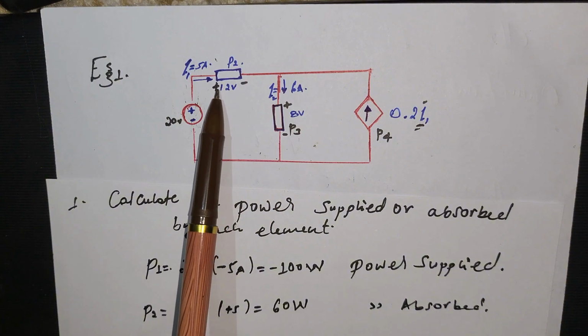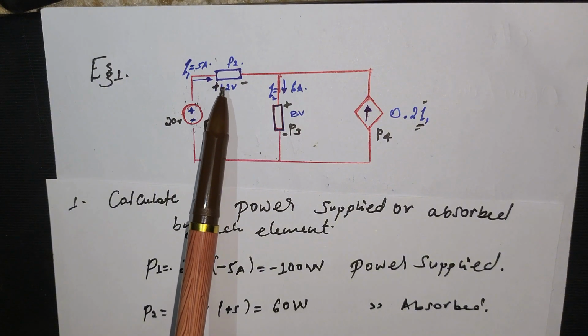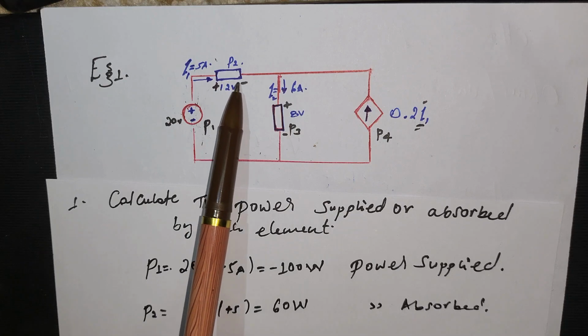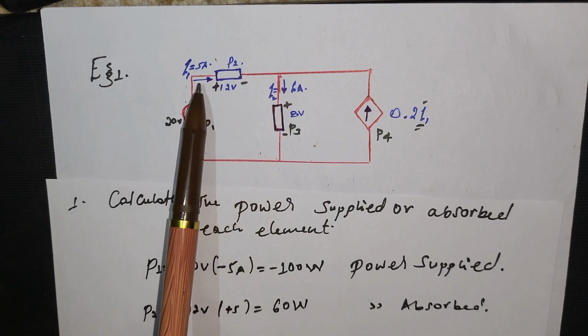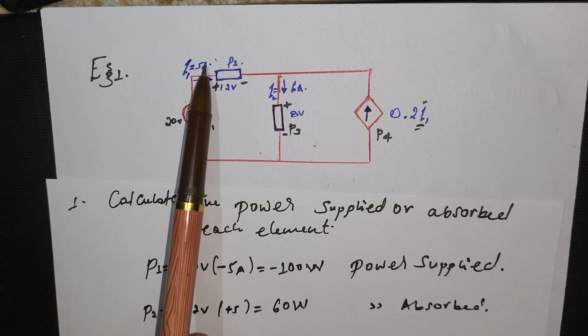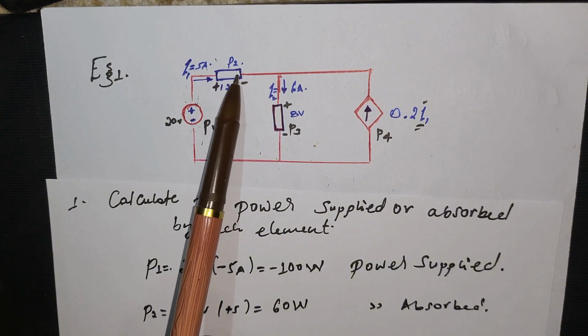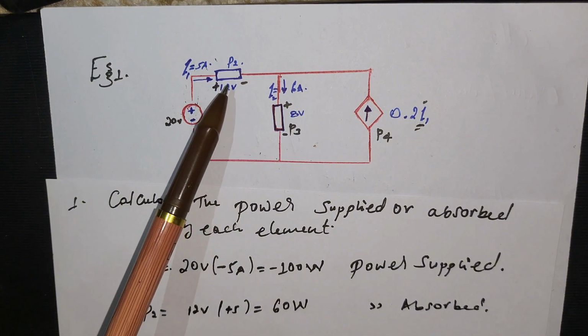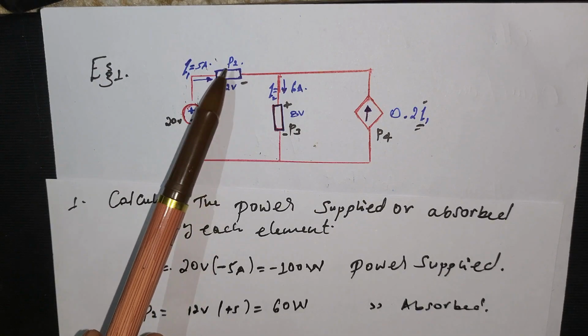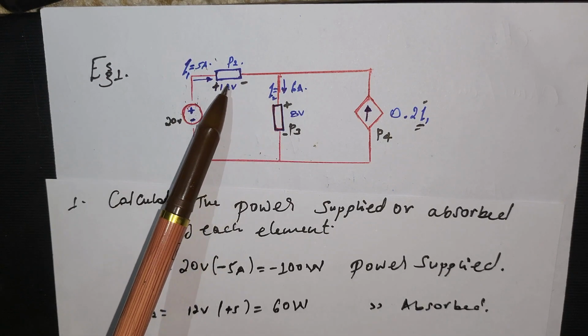In this element, the current enters into the positive terminal and goes to the negative terminal. The current is 5 ampere, and we have been given that the potential difference across this element is 12 volt.